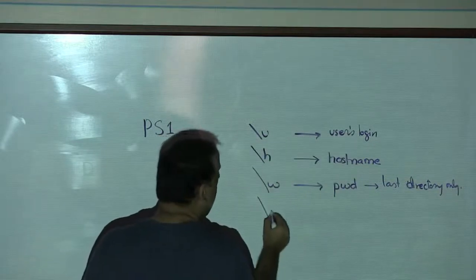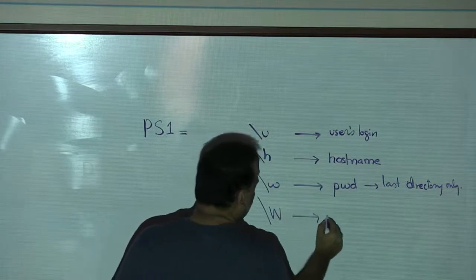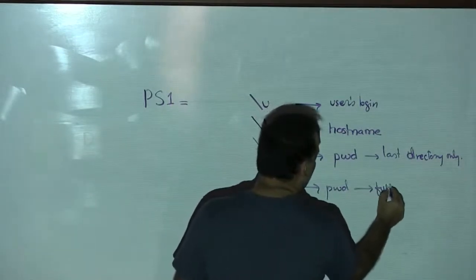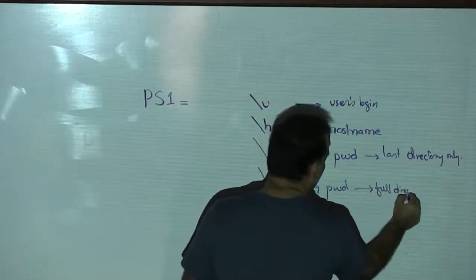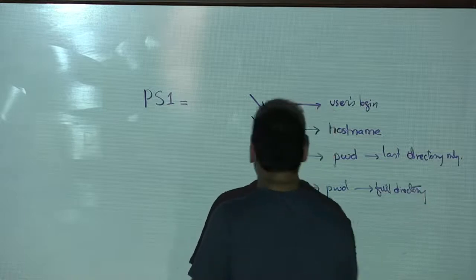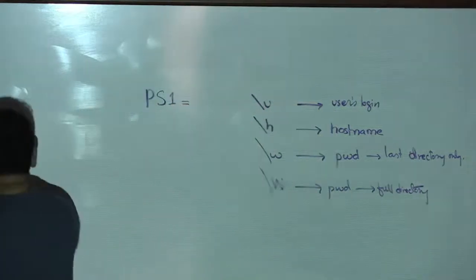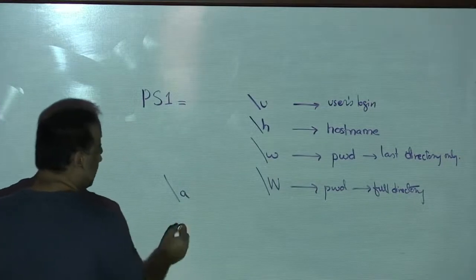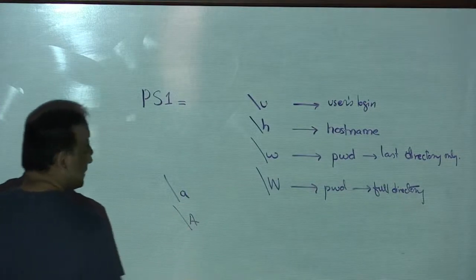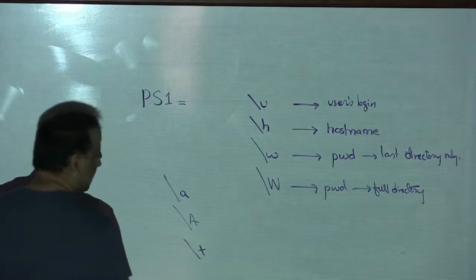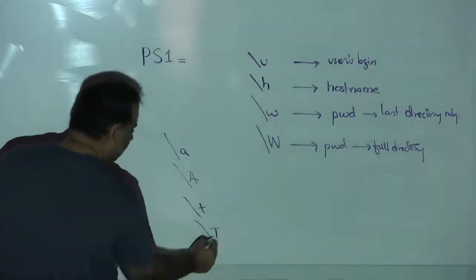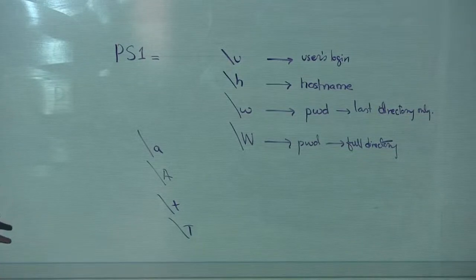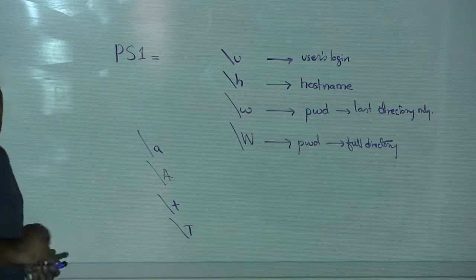If you use the capital W, present working directory with the full directory. And then there are different variables in here. You have small a, it means something else. Capital A, it means something else. T is a timestamp with a different format of timestamp, and so on. There are a bunch of other settings, but usually I think just a few are good enough.